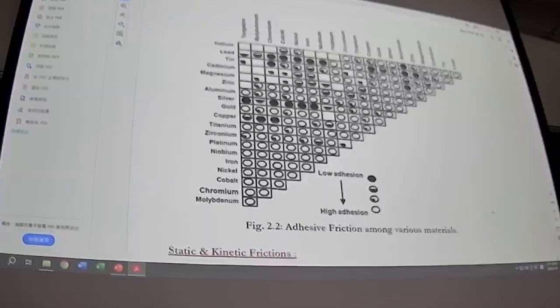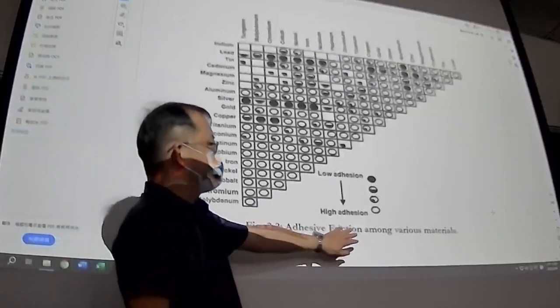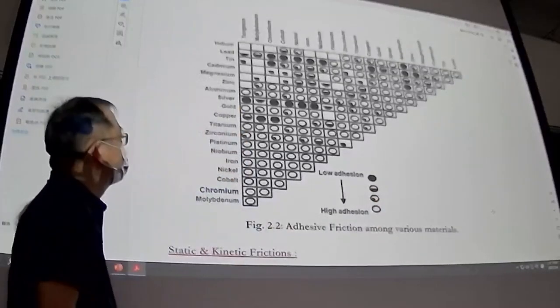This is the friction among various materials.